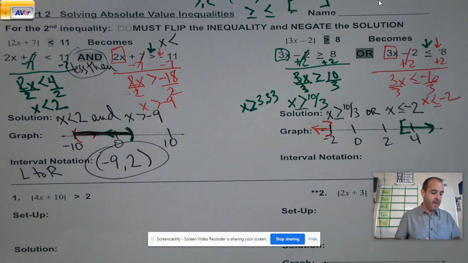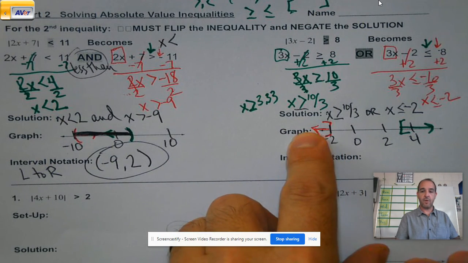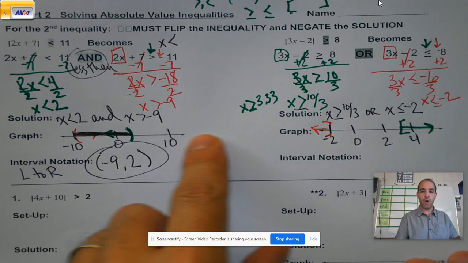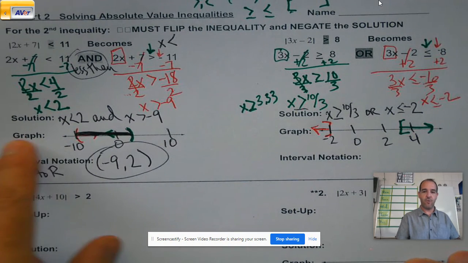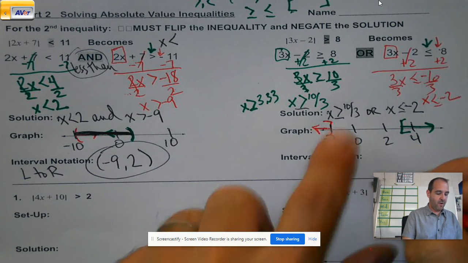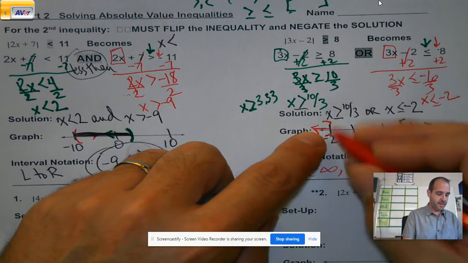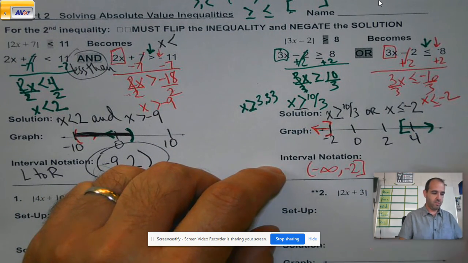Okay. And then again with our interval notation, left, arrows. What do arrows mean when we're on graphs? Arrows are infinities because they go forever. So forever left, here I'm coming to the right. I get stuck at -2.